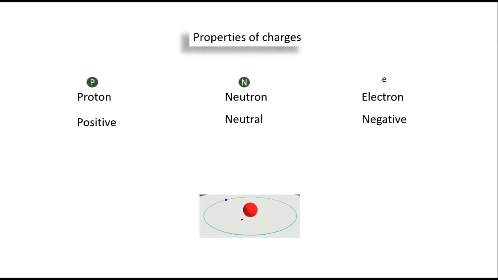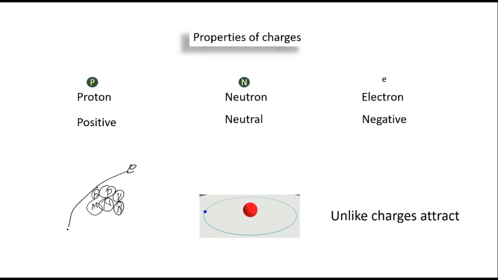Because of that, you know that in the atom the electrons will be moving around the proton, right? You must have seen in the beginning of this lesson that the nucleus contains many protons like this, and then neutrons, and that is called the nucleus. And then you have seen that electrons are revolving around. And why are they revolving around?